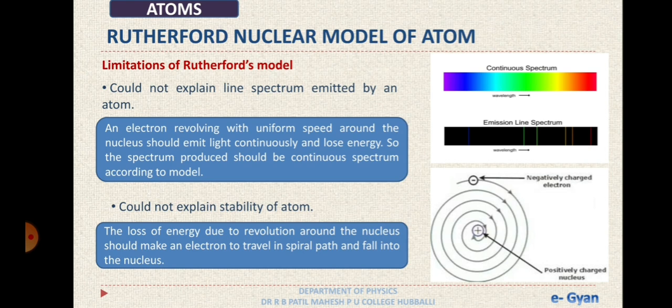If this had happened, then no atom would have existed. But fortunately, the atom is very much stable. The electron does not fall into the nucleus. So therefore, Rutherford's model could not explain the stability of the atom. These two drawbacks were cleared by the next model, which was proposed by Niels Bohr.